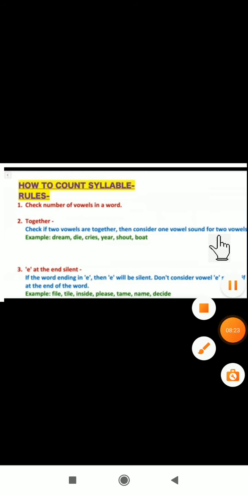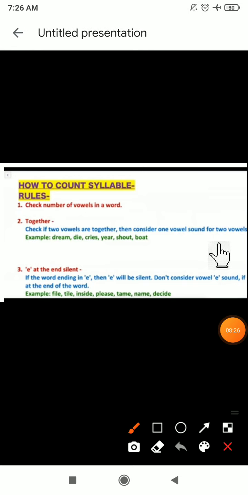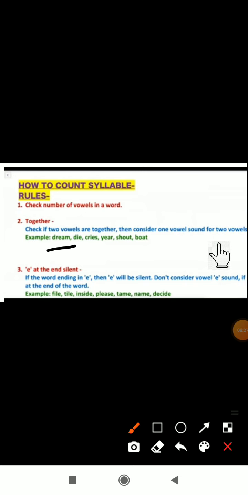Now, here an example they have given. So I will solve this for you: dream. In that word dream, how many vowels are there? Here I will write dream. Here see E and A, 2 vowels are there. But what is our first rule? We have to check the number of vowels.